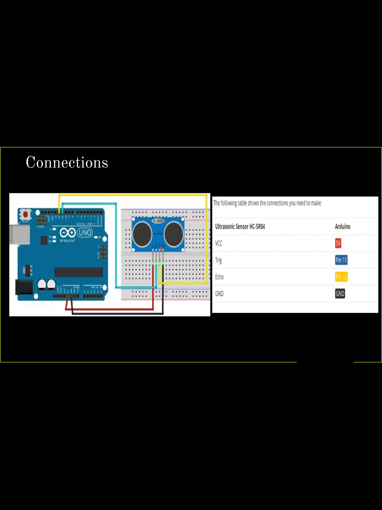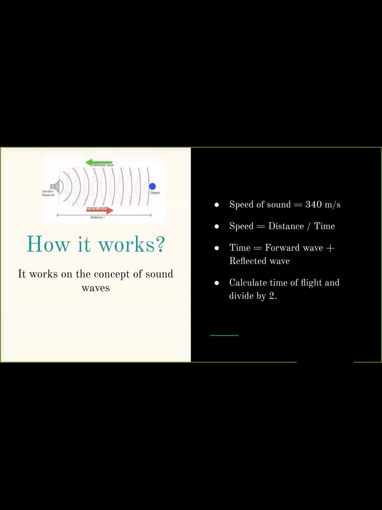Now let's see what an ultrasound sensor is and how it works. You are all students of science. You must have studied in school the concept of distance and time. What is the relationship between speed, distance, and time?